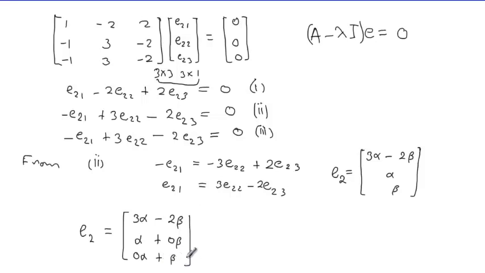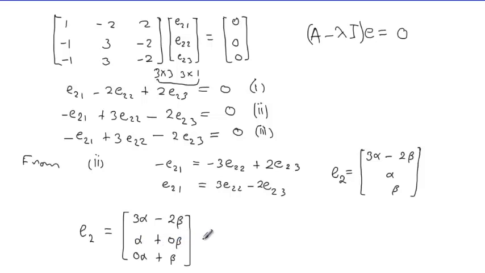I hope it's clear to everybody that this is exactly that vector. I'm writing it this way so that we can understand what follows. We can see this as two column matrices being added.